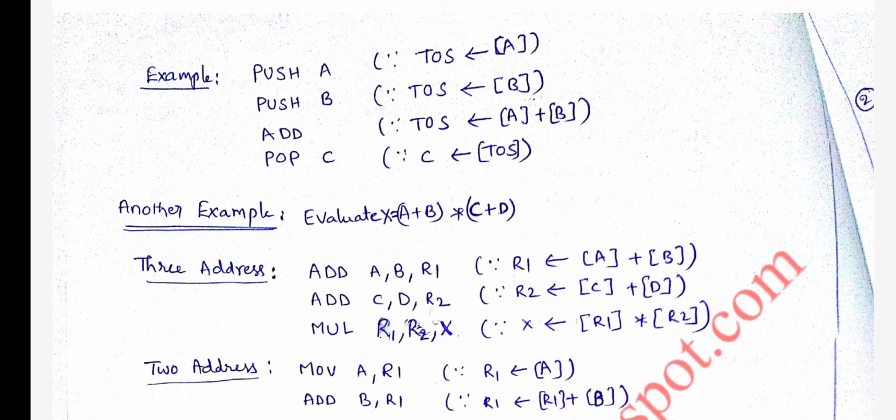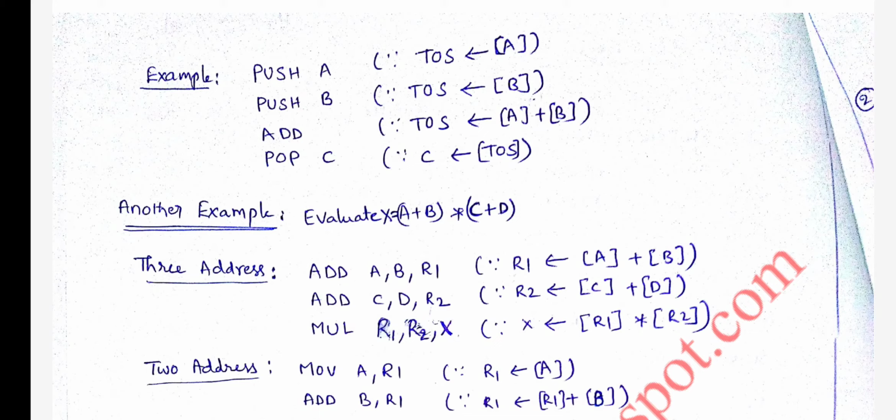A stack is a linear data structure. In a stack, insertions and deletions take place at one end, that is called TOP, the top of the stack. We can also call it TOS, top of the stack. Insertions and deletions take place only at that one end. We have to use two operations for insertions and deletions.